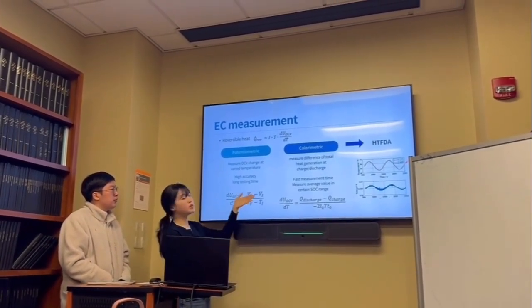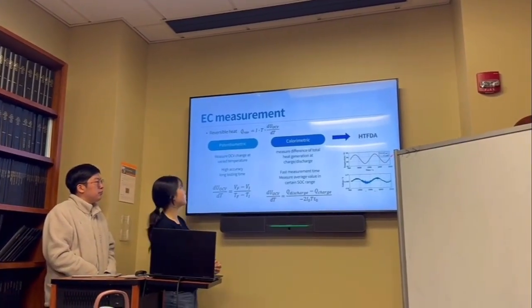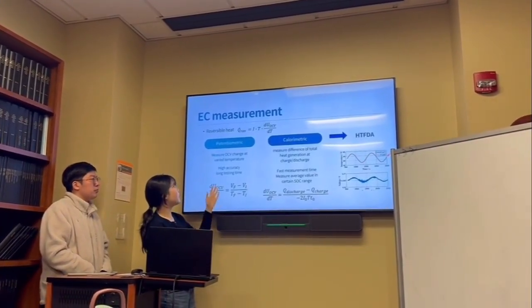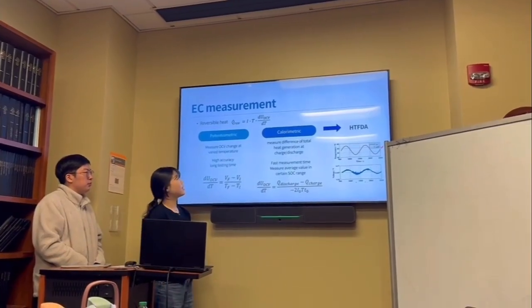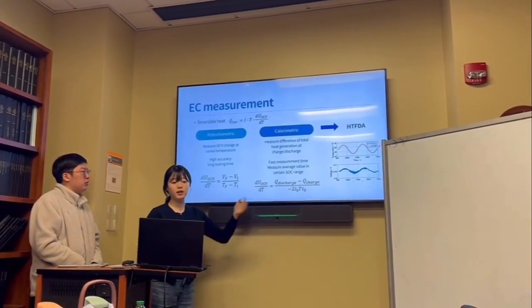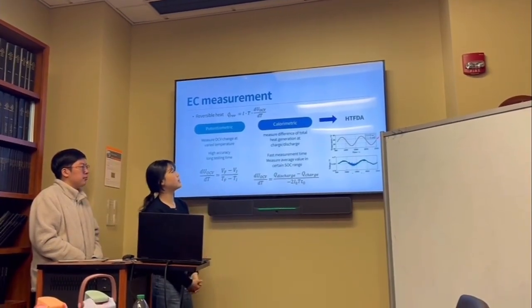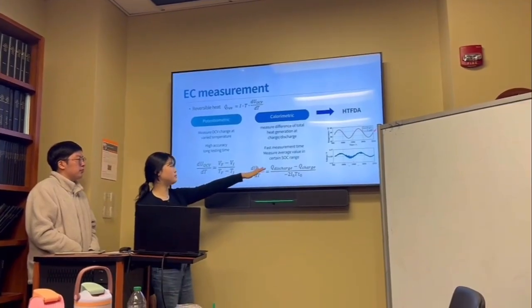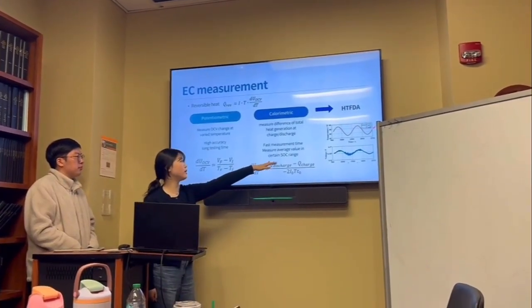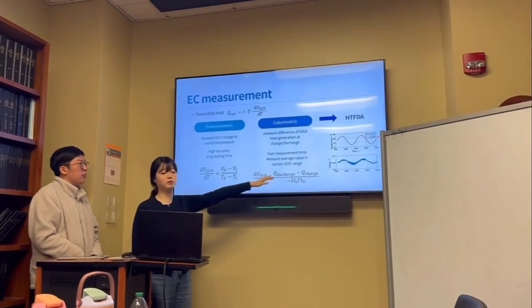First is potentiometric, which measures the oscillatory change at varied temperature. It has high accuracy, but it takes a long time. Next is calorimetric, which measures the difference of total heat generation at charge and discharge. This method is fast, but it measures an average value in a certain SOC range, so it is relatively inaccurate.